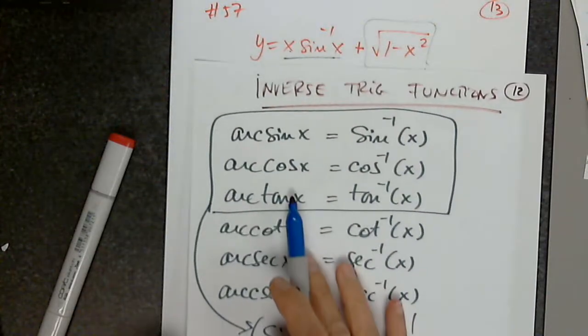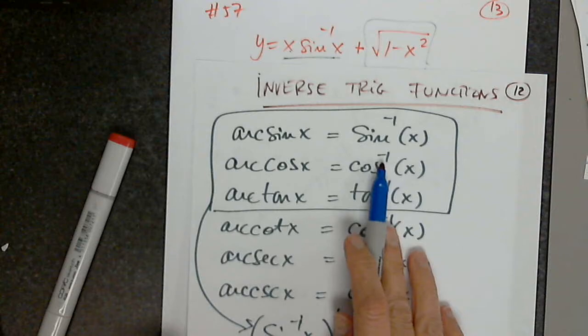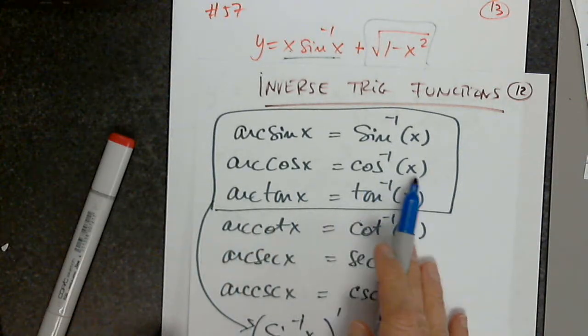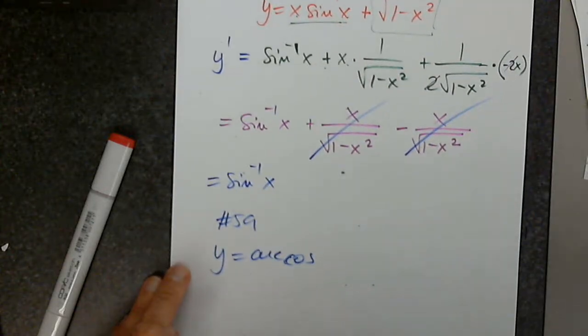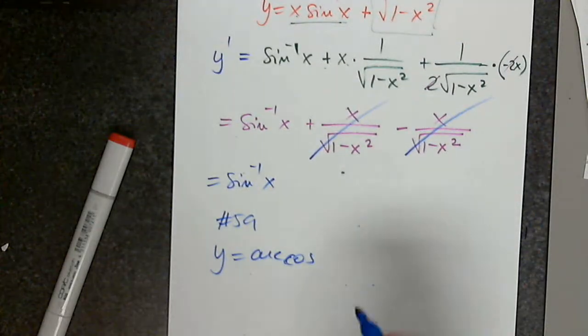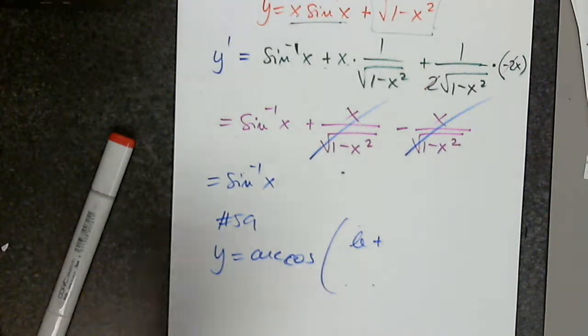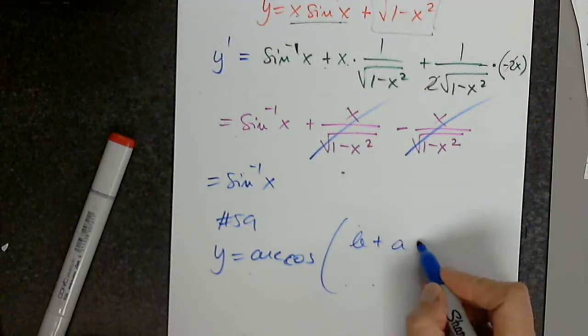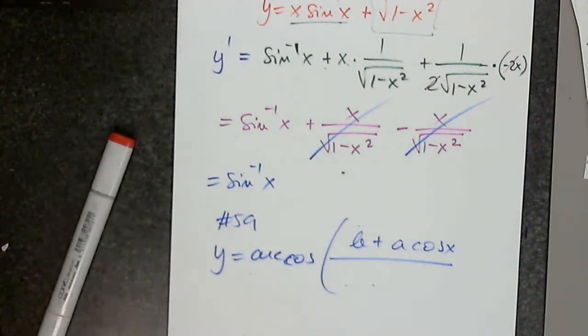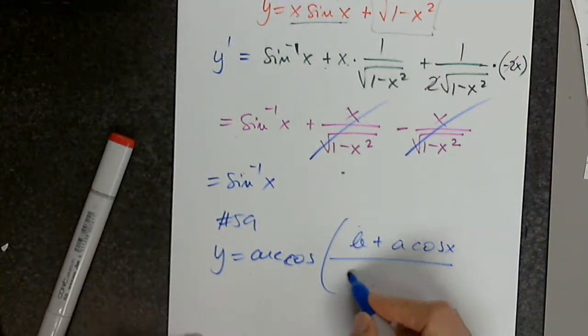I prefer to write this when I type because I don't have to worry about power when I type it in the equation editor. So I prefer this notation versus this because of laziness, of course. So b plus a cosine x over a plus b cosine x.